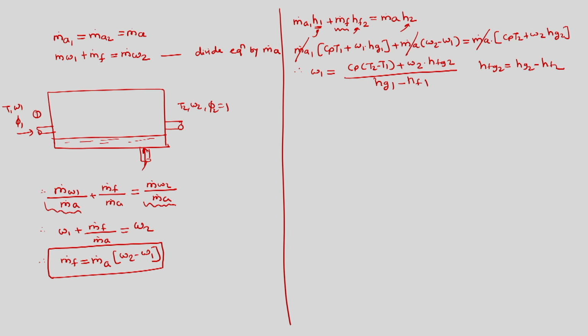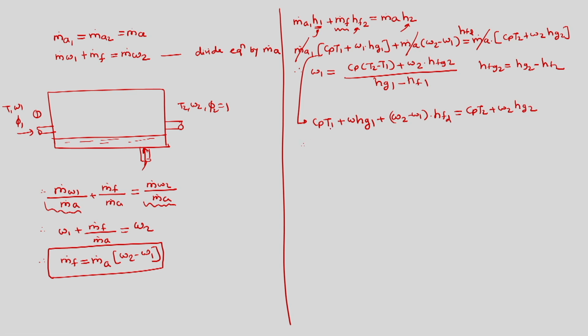What we are trying to do over here is basically, suppose we take this expression, then it is Cp T1 plus omega 1 Hg1 plus omega 2 minus omega 1 into Hf2 is equal to Cp T2 plus omega 2 Hg2.